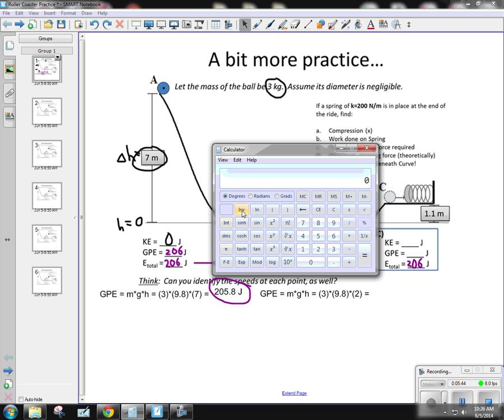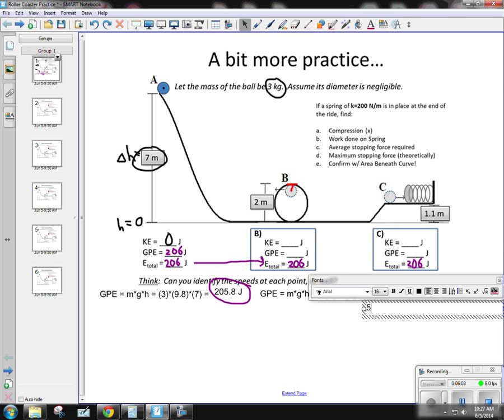Handy dandy calculator. 3 kilogram mass times gravitational acceleration times now just 2. So it's a fraction of what was there before, which makes sense. This ball's moving. A lot of its energy is in kinetic energy. So 58.8, I'll write that down for you. 58.8 joules.